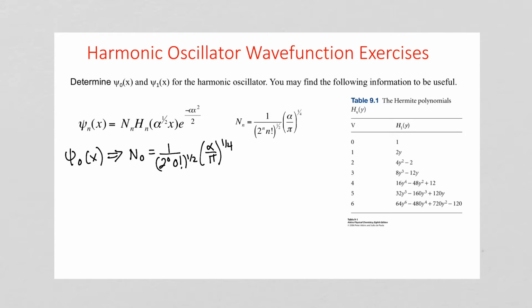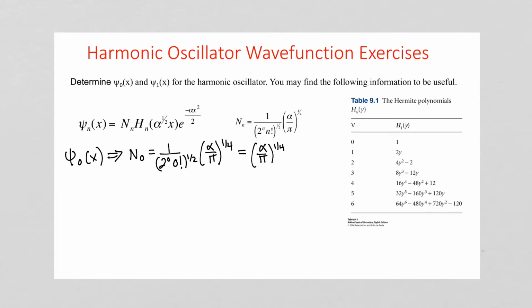This one's nice and easy. Okay, so this factorial term here, everything's going to go to 1 on that, so we're just going to be left with the alpha over pi to the 1/4 part of that. So there's our normalization constant.